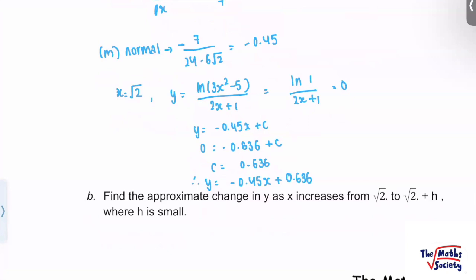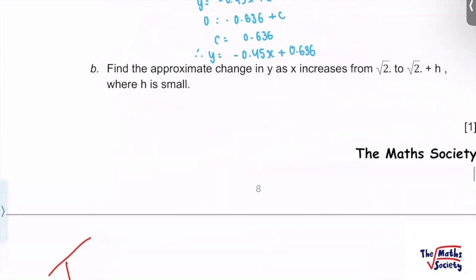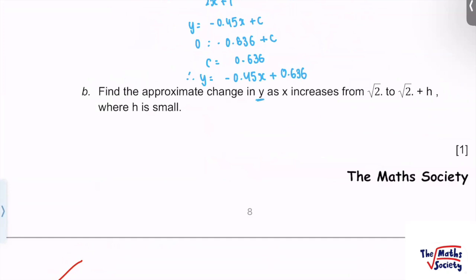And then we're going to move on to B, where it says to find the approximate change in y as x increases from root 2 to root 2 plus h, where h is small. So we want to find the change in y again. We have the change in x, which is h, and we have x equal to root 2.